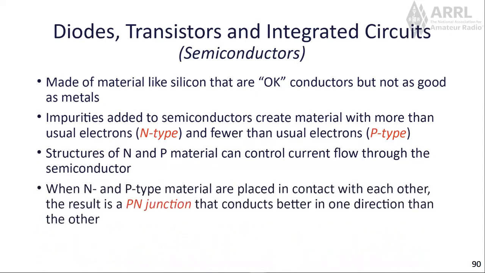So you can have N-type and P-type. When N and P-type material are placed in contact with each other, the result is a P-N junction that conducts better in one direction than the other. And it's a drastic difference, typically.